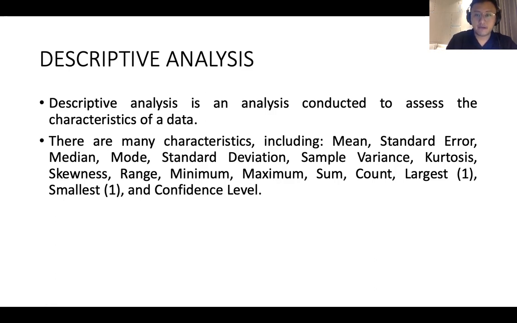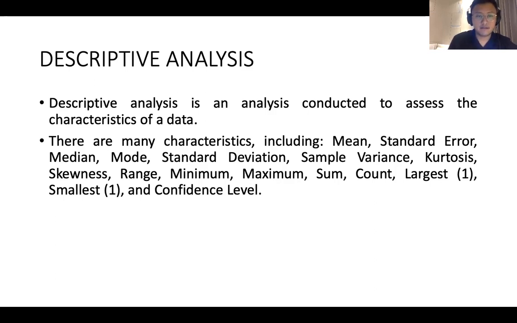And then we have sample variance. Sample variance is the average squared difference of the values from the mean. Because the calculation uses squared differences, the variance is in squared units rather than the original data units.